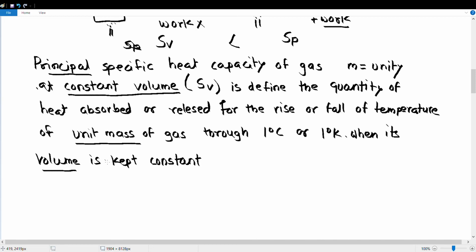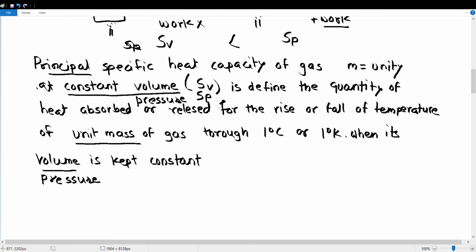And the second definition is the specific heat capacity of a gas at constant pressure. Instead of volume, we use constant pressure. The definition is the same; we have to make one change, that instead of volume, we say pressure. So the principal specific heat capacity of a gas at constant pressure is denoted by Sp, instead of Sv.